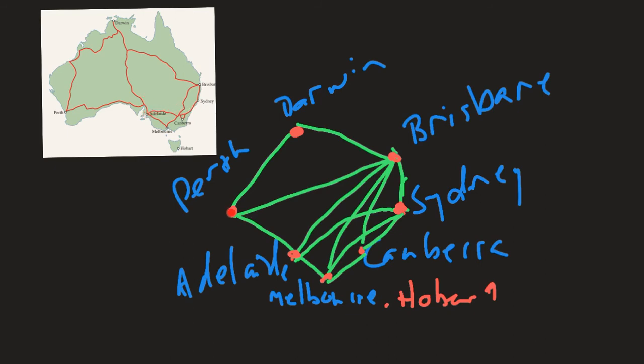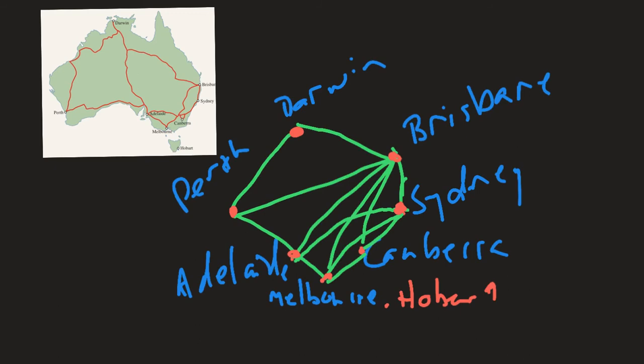Another example would be if I want to go the northern route and go up and over, I'd have to get to Brisbane and then down to Sydney. So there's not a direct road between Perth and Sydney. And as a result, there's not a direct network connection between Perth and Sydney. So I think that's important to point out.